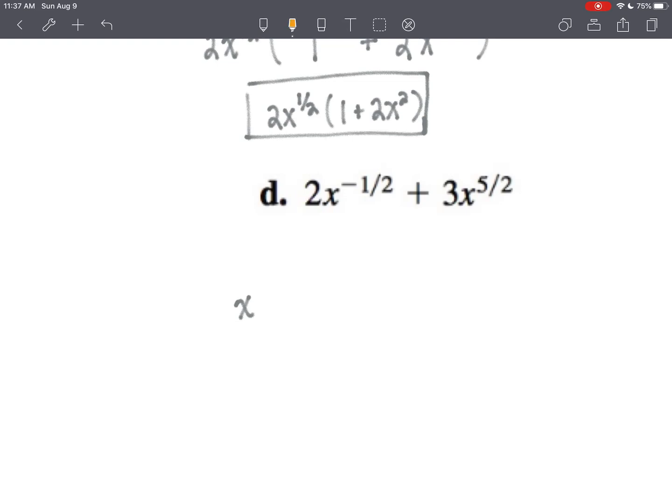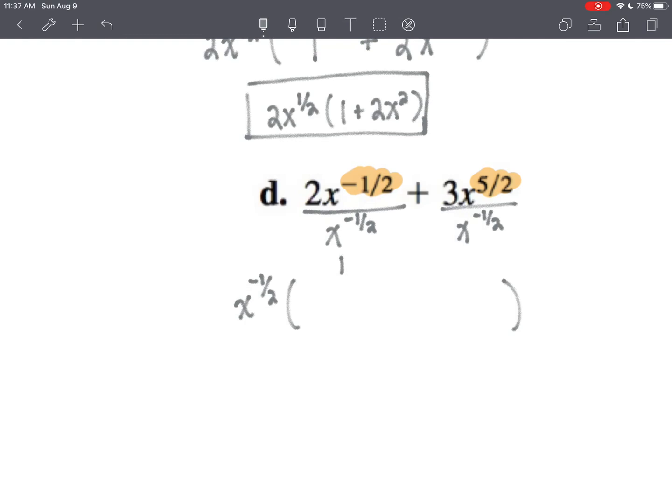Well, I look at the 2 exponents, and the smaller of the 2 is negative 1/2. So that is what I am factoring out, x to the negative 1/2. So x to the negative 1/2 is on the outside of my parentheses.